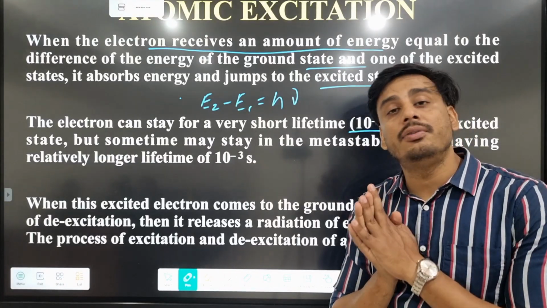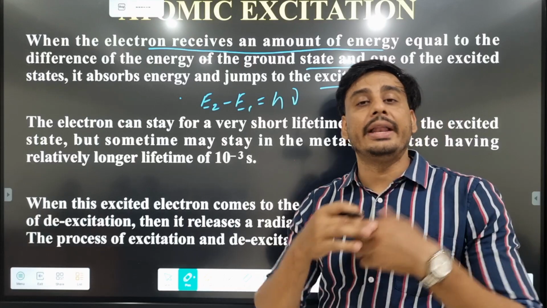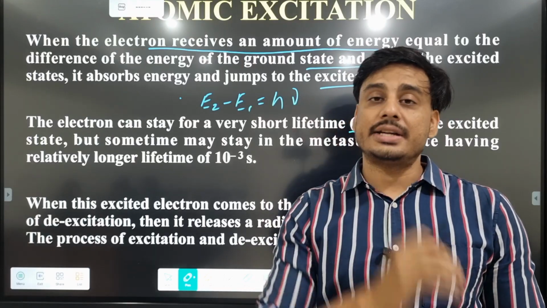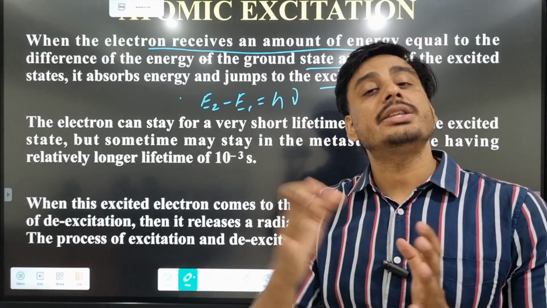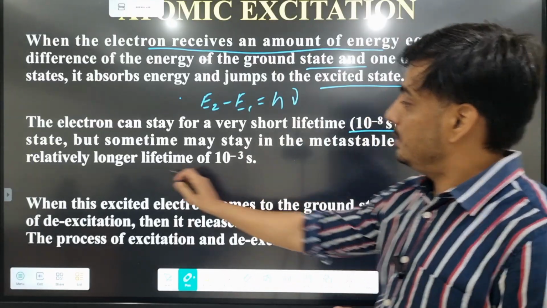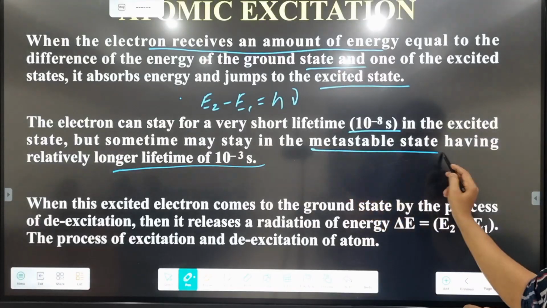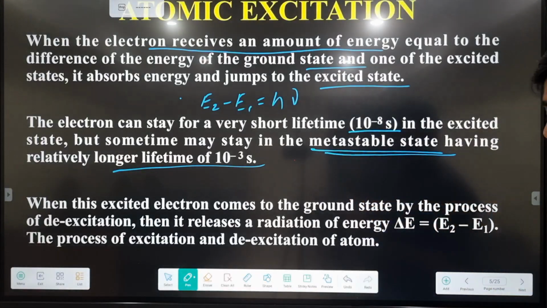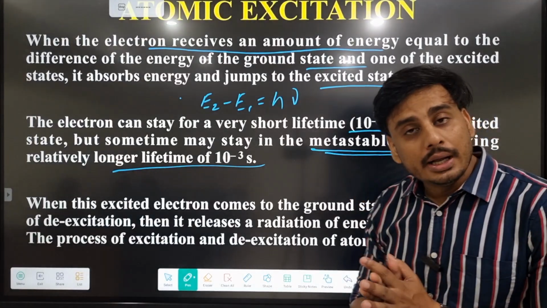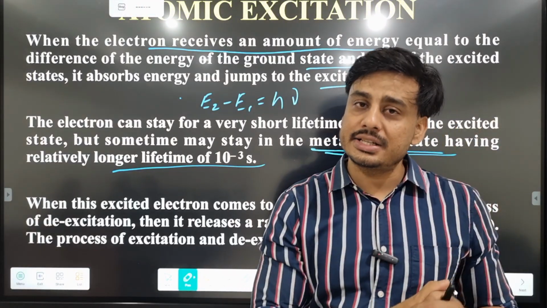But in some cases you will find that an electron stays for a longer period of time in the excited state. Those states are said to be metastable states, that is, virtually stable states. Here you can see it is written 10 to the minus 3 second; those states are said to be metastable states. Metastable states are also excited states.